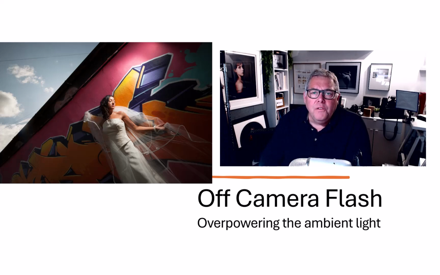Which means that if you want to shoot at f4 or f5.6, let's say, and you're working outside on a very, very sunny day, you won't be able to achieve that exposure, because you might have to be at 1600th of a second or whatever it is. And by that point, the flash isn't going to have enough time to record its burst of flash in the same time as the camera shutter is open to record it.